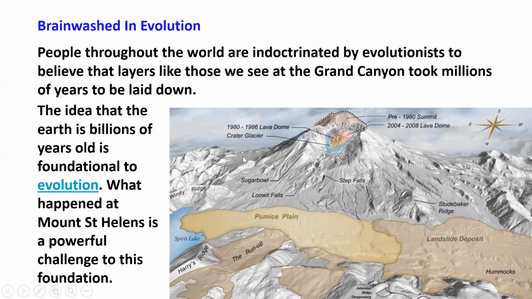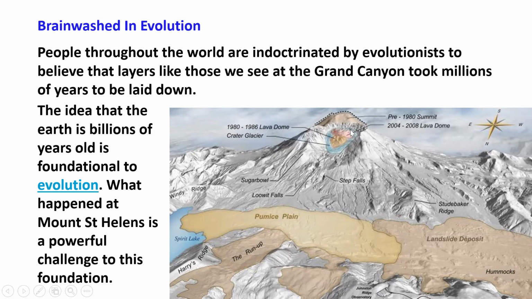But what happened at Mount St. Helens is a powerful challenge to this foundation. Here on this diagram, you can see they give you a difference. This is the pre-1980 summit. And after the eruption, it has actually dropped all the way so that now there's a crater here and a lava dome, right?